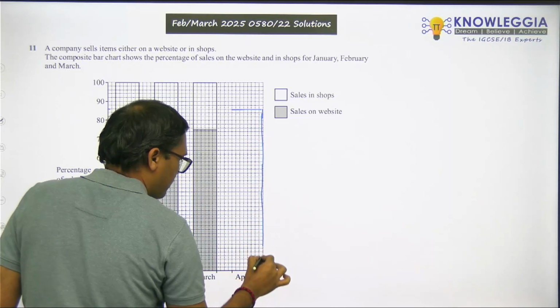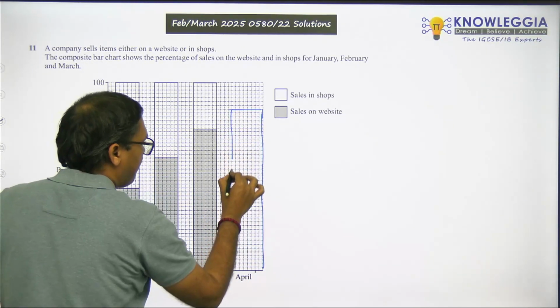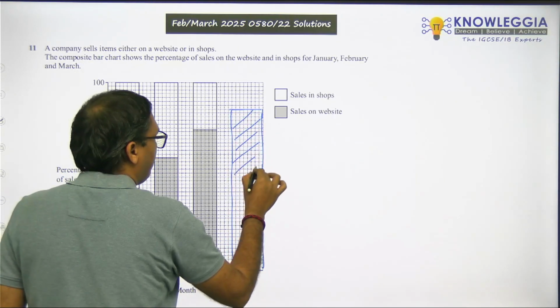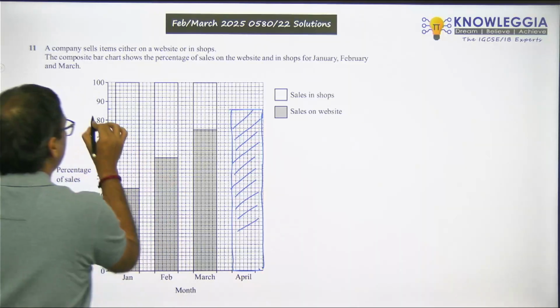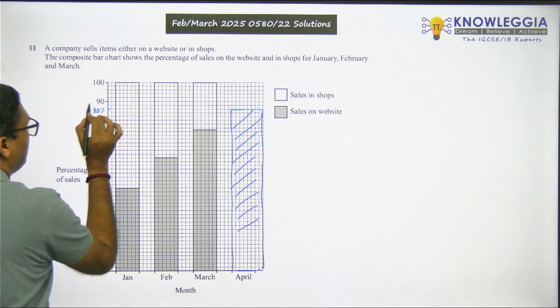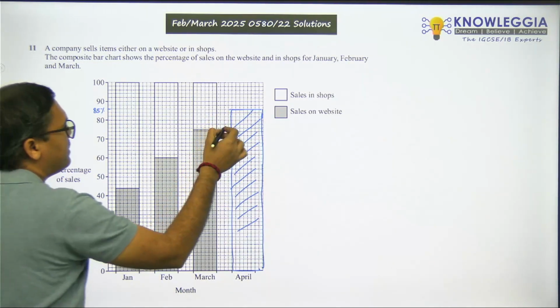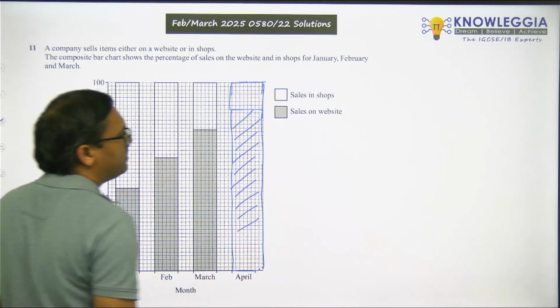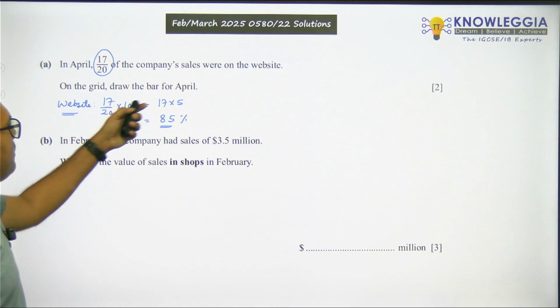So this is how we can shade this. So this is for website. I just mark this. This is 35% on the website, right? And obviously the remaining will be in the shops. Okay, so this is how we can complete the bar chart for April.